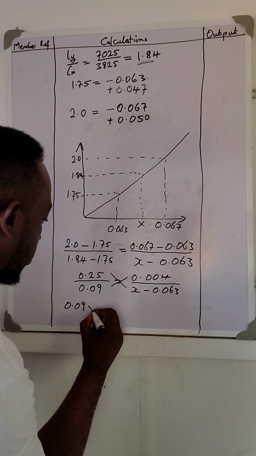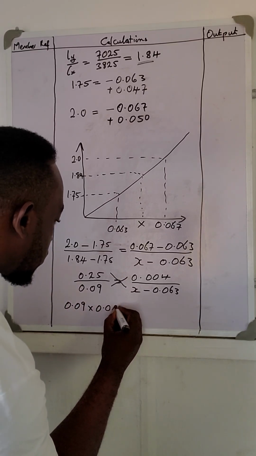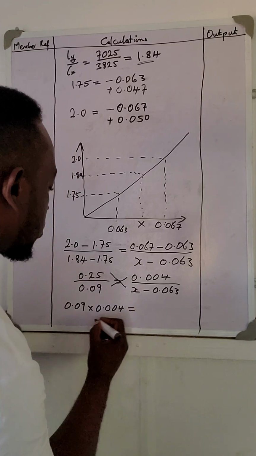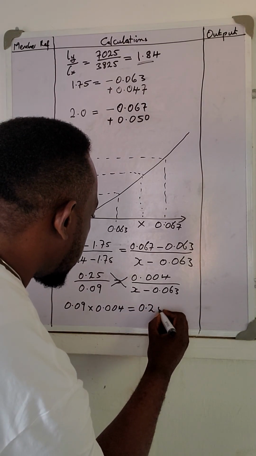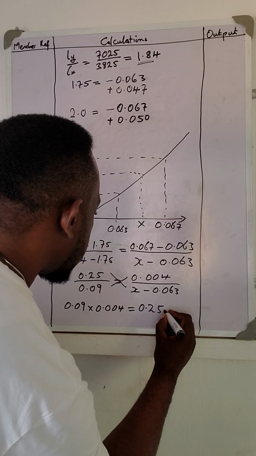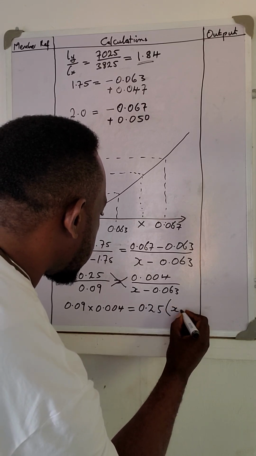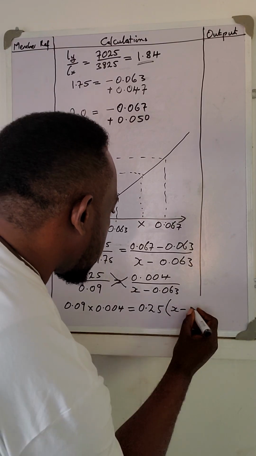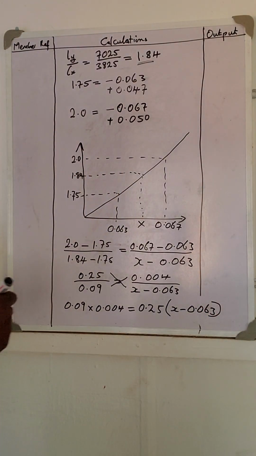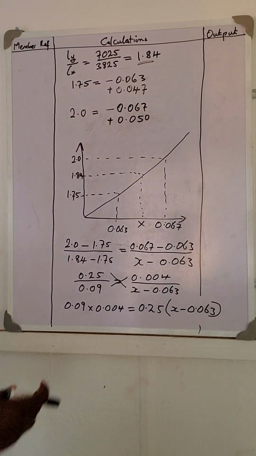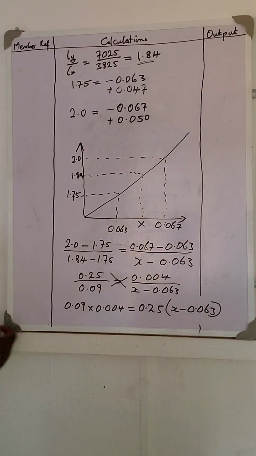0.09 multiplied by 0.004 is equal to 0.25 into x minus 0.063. Okay, I can divide both sides by 0.25.